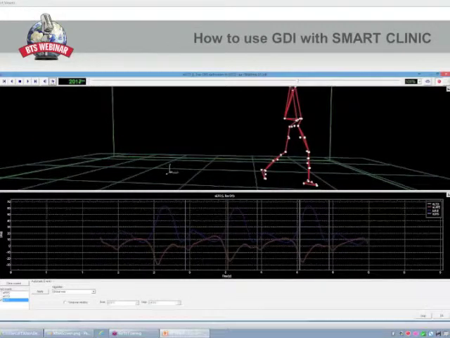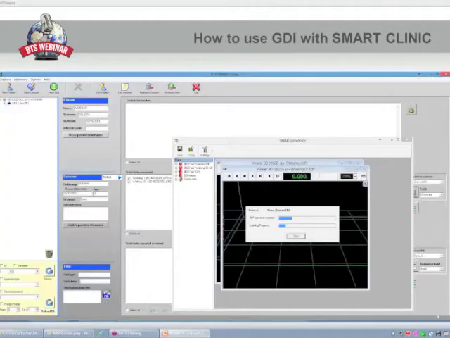Okay, I'm now going to define the last left toe off. After you have done that, the next step is to save the processing, and so the file will be loaded within the list of the trials available to get the report.